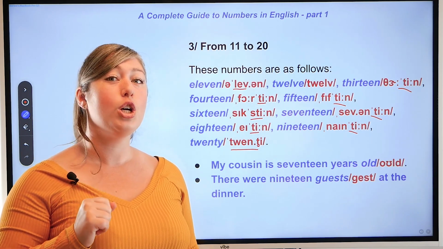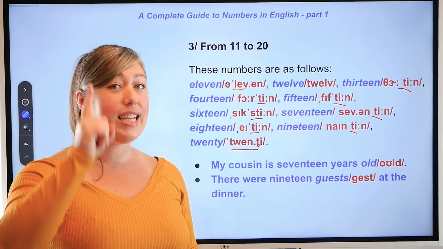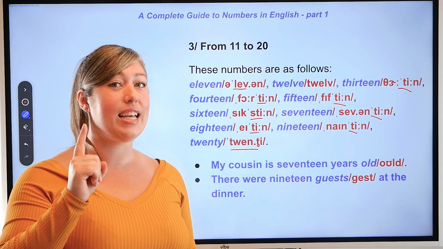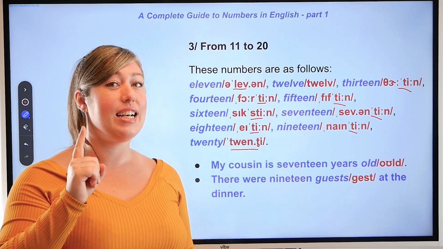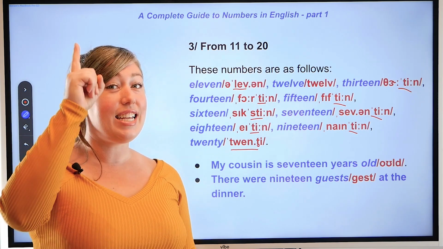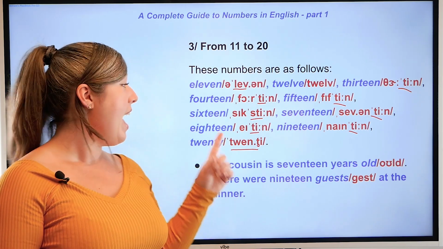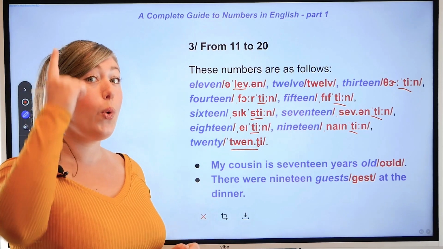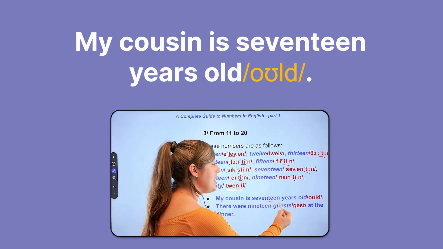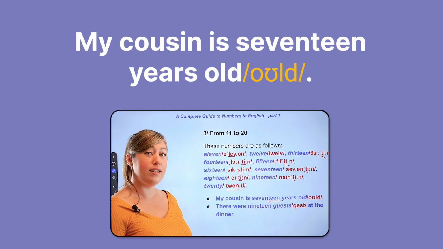11, 12, 13, 14, 15, 16, 17, 18, 19. Very good. And this one, 20. For example, my cousin is 17 years old.